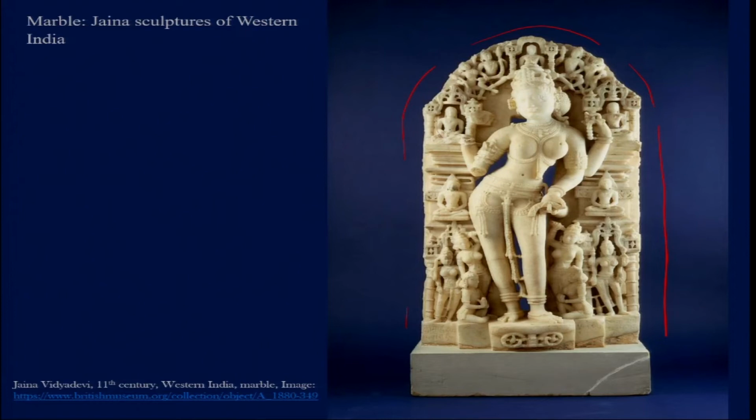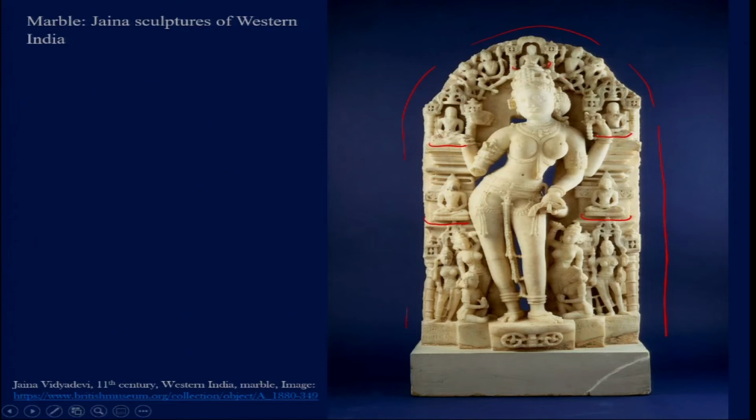The Vidya Devi's figure is executed in high relief, and of course there are attendant figures at the sides, and devotee figures on both sides. We also find seated figures of the Jaina Tirthankaras by this side here and even here.